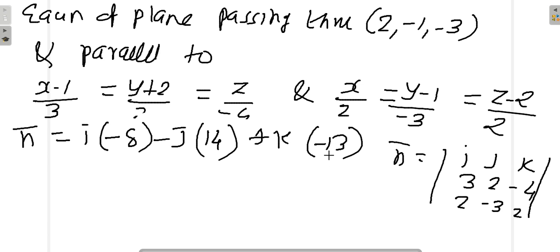Since this is the normal, you can multiply by minus 1 here. So the equation of the plane will be 8x plus 14y.